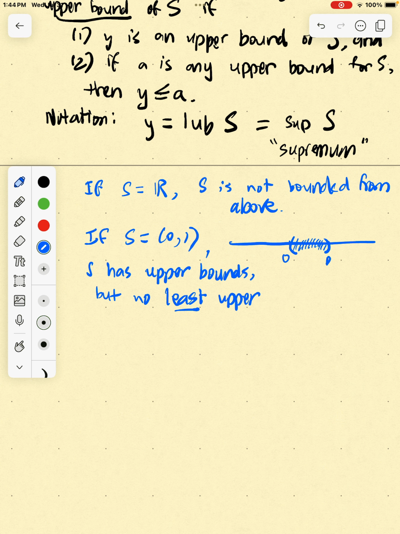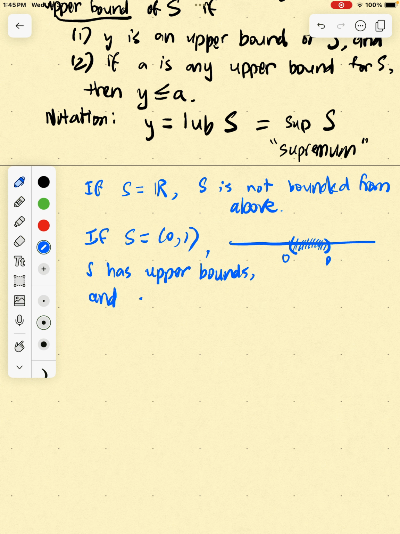Oh wait, that's incorrect. I should rephrase this. It does have a least upper bound, but the least upper bound is not an element of S. That's what I wanted to say. So let me revise that.